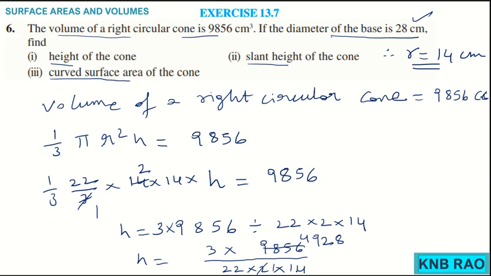Next, here 7 twos are 14, 7 sevens are 49, and 2 comes here 28, so 7 4s are 28. Now 2 ones are 2, 2 3s are 6 and 2 5s are 10. Next we will cancel the rest of the things in the next slide.